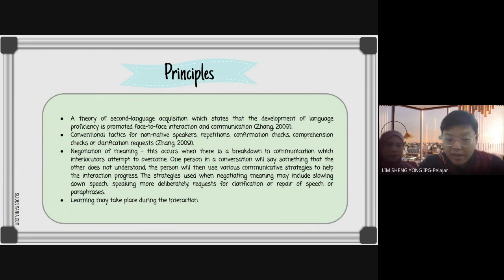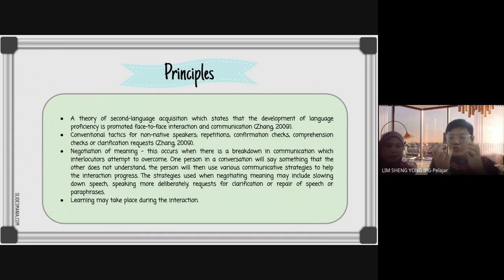Now we come to something a bit different: negotiation of meaning. It occurs when there's a breakdown of communication, which interlocutors attempt to overcome. One person in a conversation will say something that the other doesn't understand. The person will then use various communicative strategies to help the interaction progress.